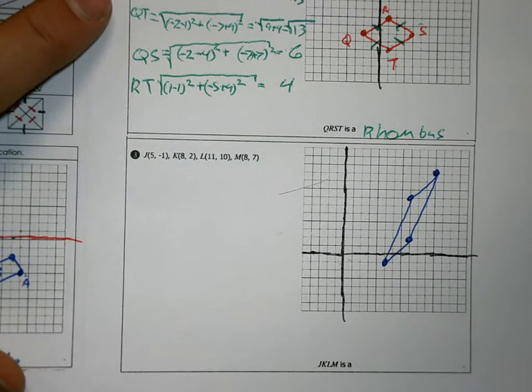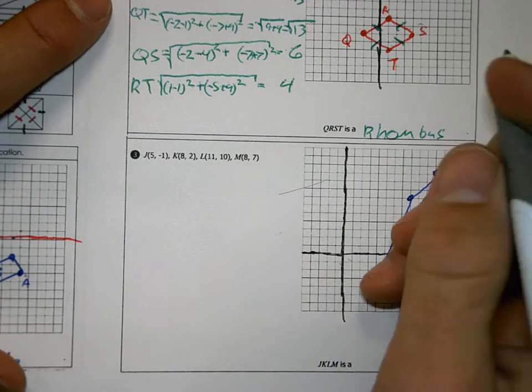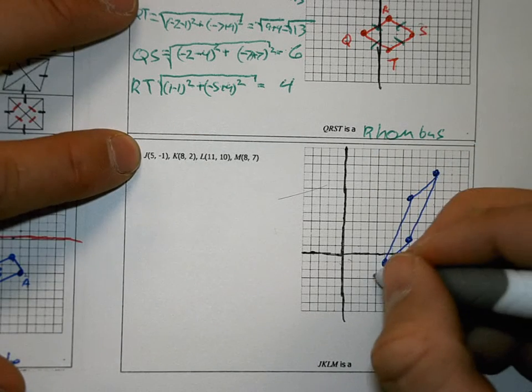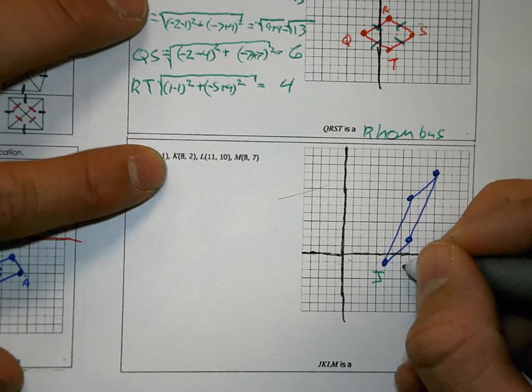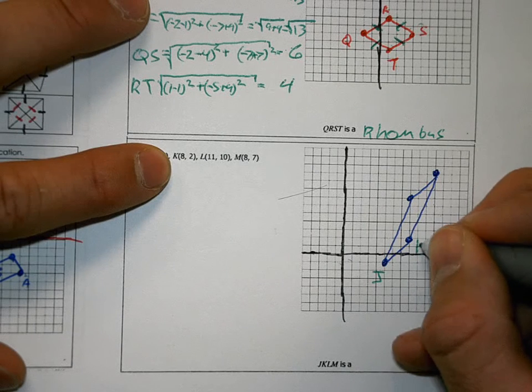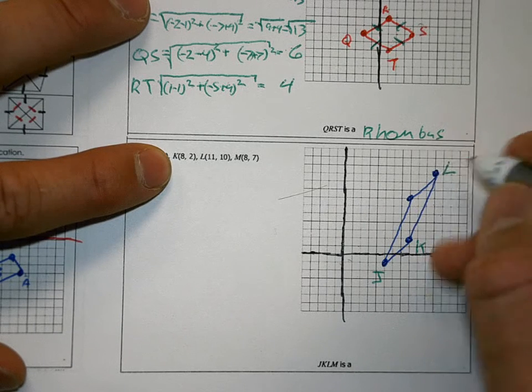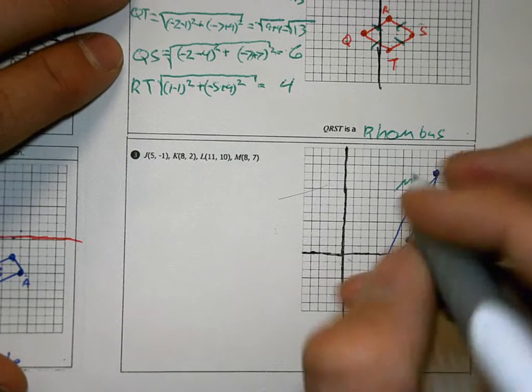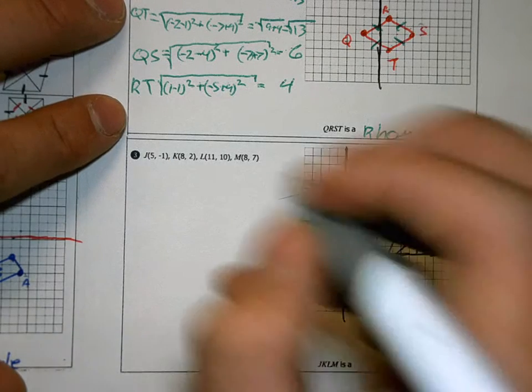On to number 3. I didn't number these out, so the points are J, K, L, M. First let's check side JK.